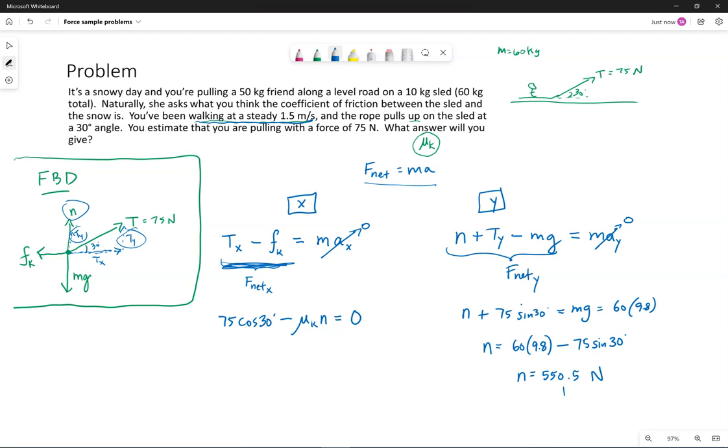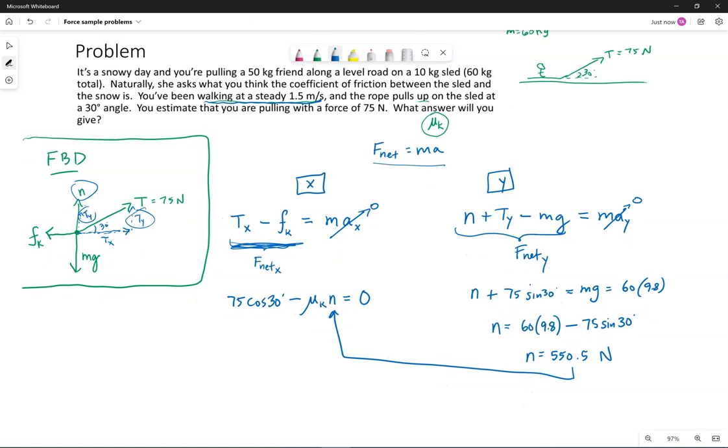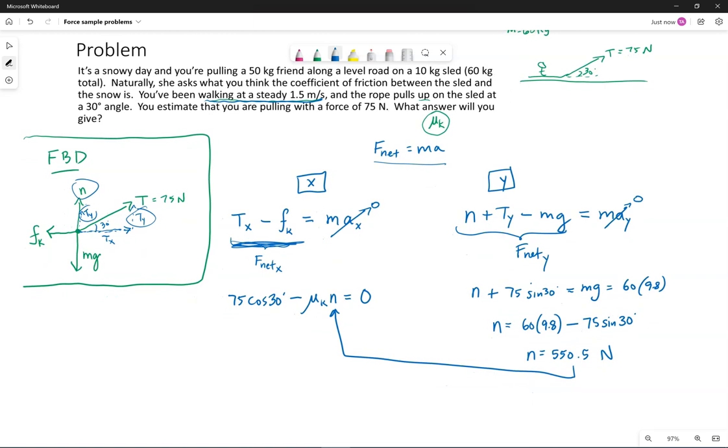This I can now take back and plug in for the normal force in the x direction. The force of friction depends upon the magnitude, how big the normal force is. We've calculated how big it is now. And so we can solve and plug it in.